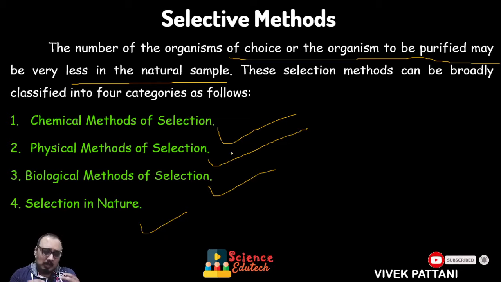We can overcome this problem by adopting certain selection methods, which increase the chances of isolating the microbes we want, by creating a set of specific conditions which enhance the growth of the organisms we are trying to isolate. And in some cases we can also inhibit the unwanted organisms or even kill them.